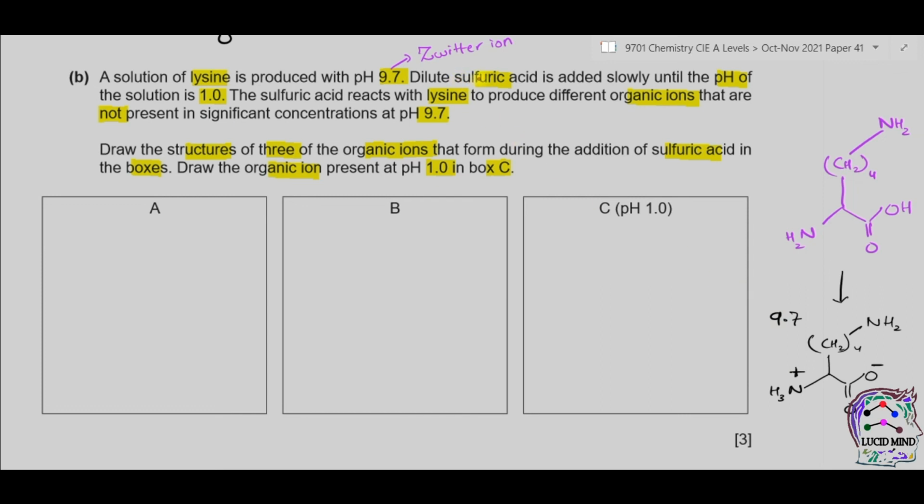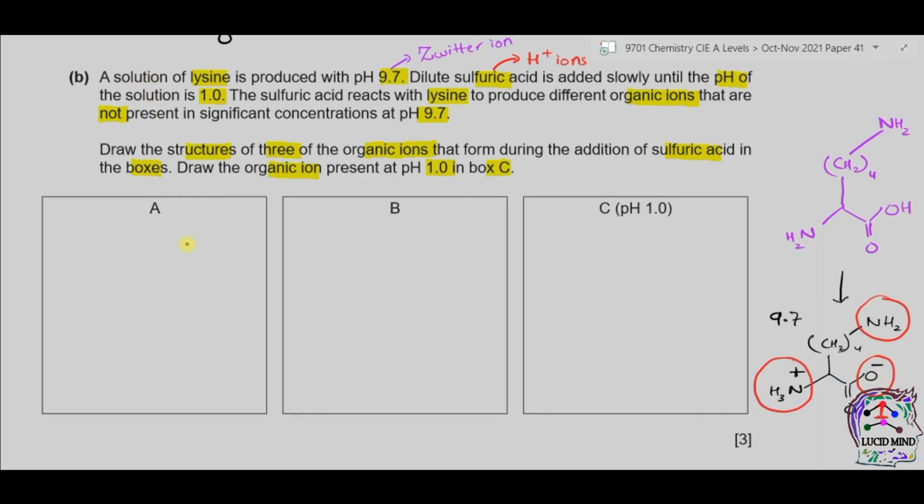Now we can see that dilute sulfuric acid is added, which provides H positive ions. We have 3 positions at which H positive ions can interact. One is this NH2, one is this NH3 positive, and one is this O negative. So when dilute sulfuric acid is added slowly, at first the protons will be attached to this oxygen atom.